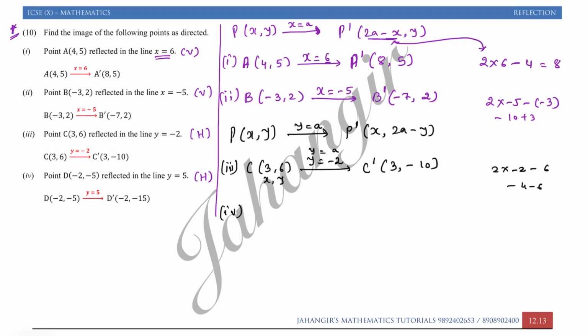Fourth question, point D (minus 2, minus 5) when reflected in y equal to 5.